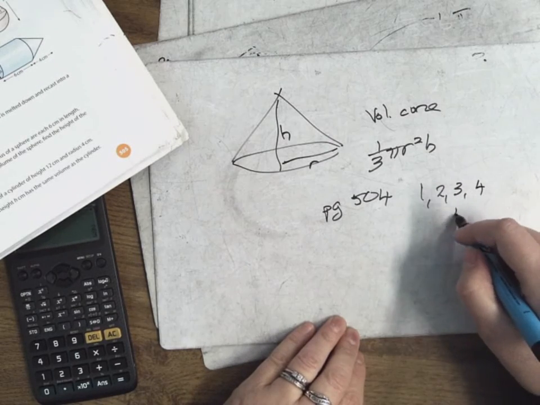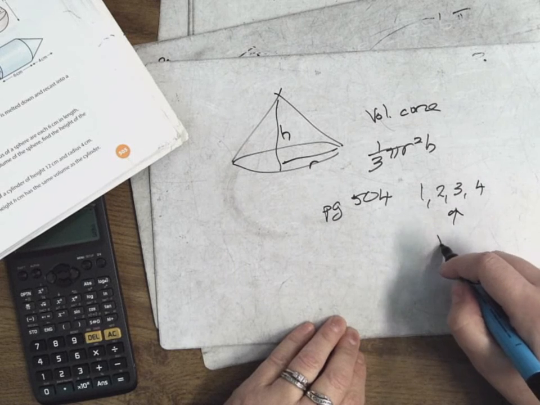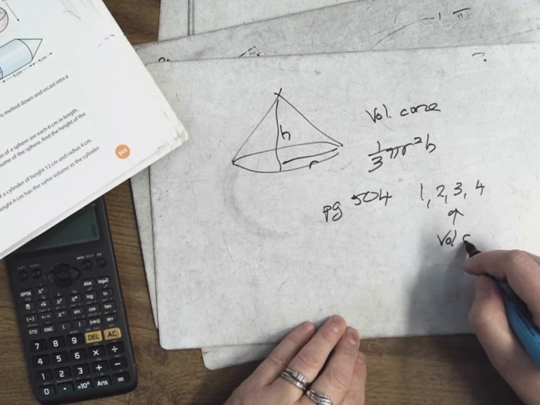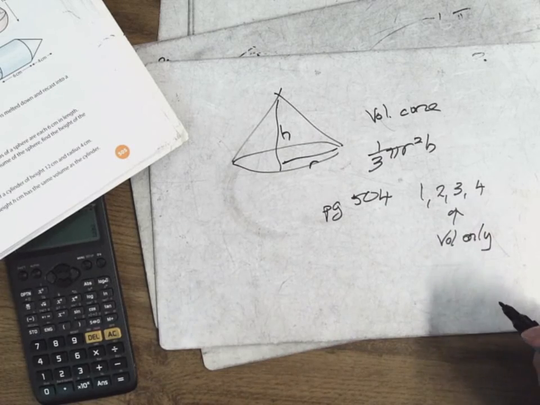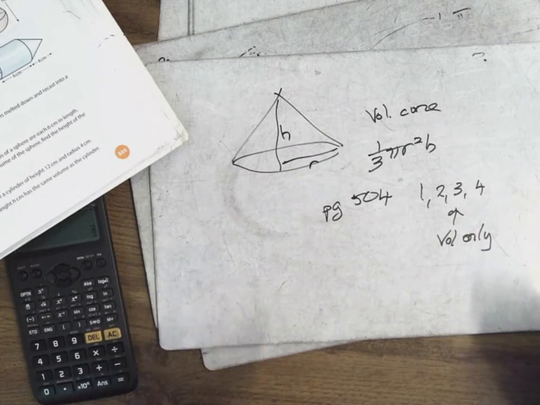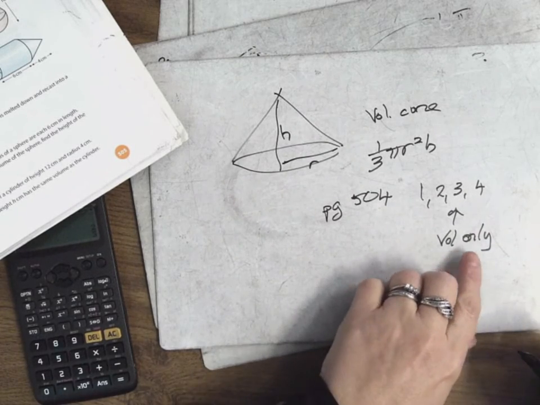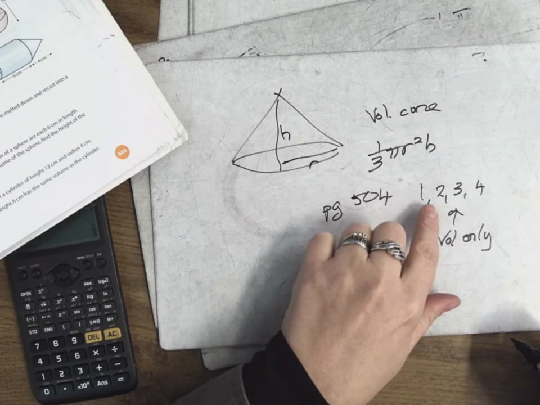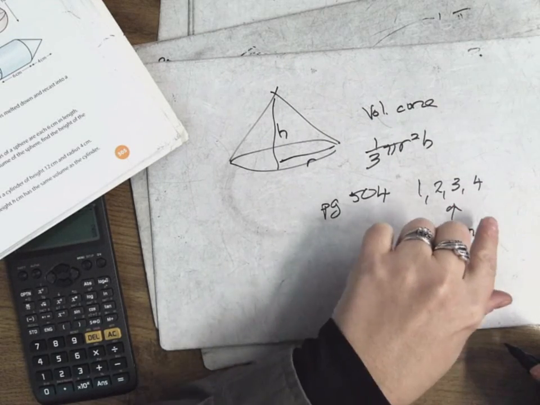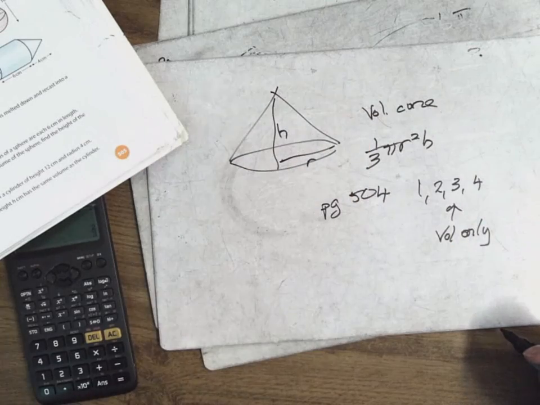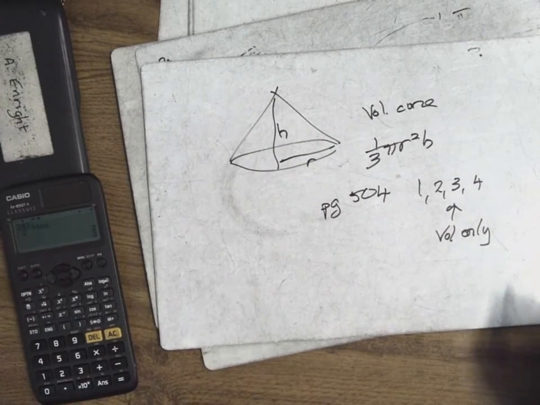Now, girls, here they ask for lots, but in number 3, just get me the volume only. They ask for curved surface area and the slant height and whatever. I'll deal with all that tomorrow. So 1 is volume, 2 is volume, 3 just get the volume, and 4 is a working backwards one. Just have a go at it and see how you get on, and I'll sort it all out tomorrow.